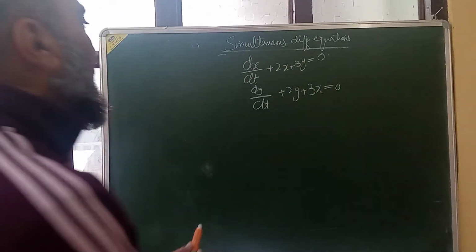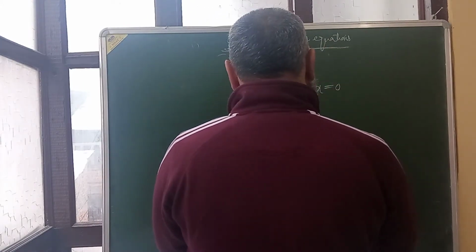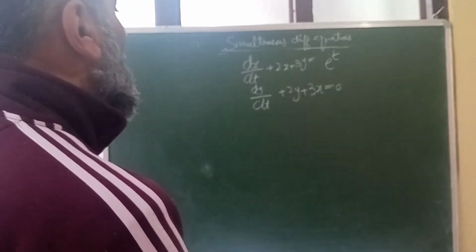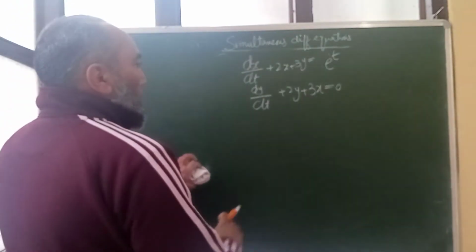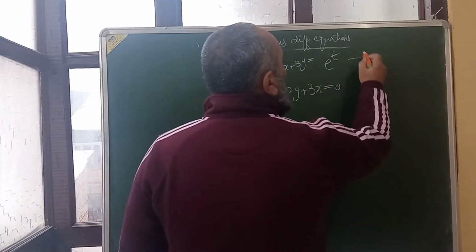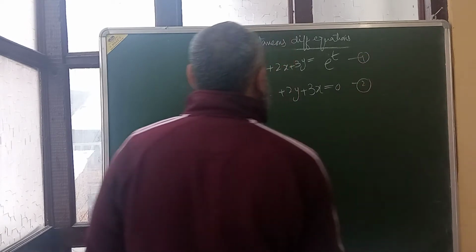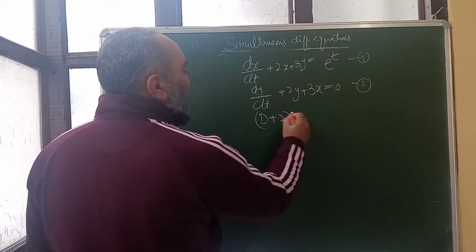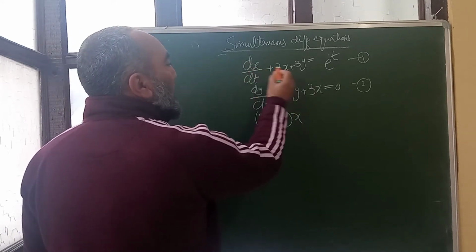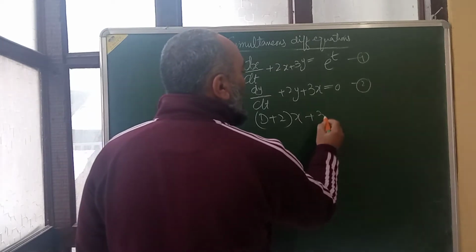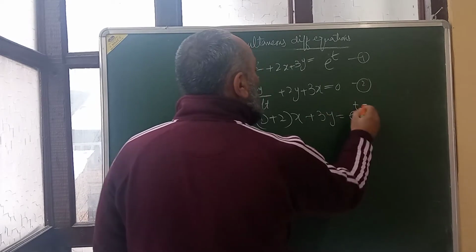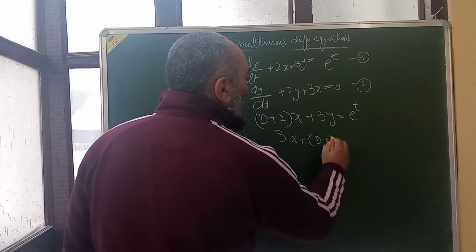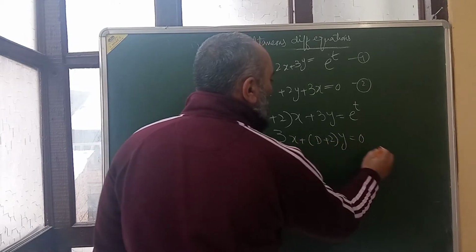Instead of 0, let me write e raised to the power t. Okay, now these are two equations, this is 1 and this is 2. So I will write it as d plus 2 operating on x, plus 3y equal to e raised to the power t. Then 3x plus d plus 2 operating on y equal to 0.